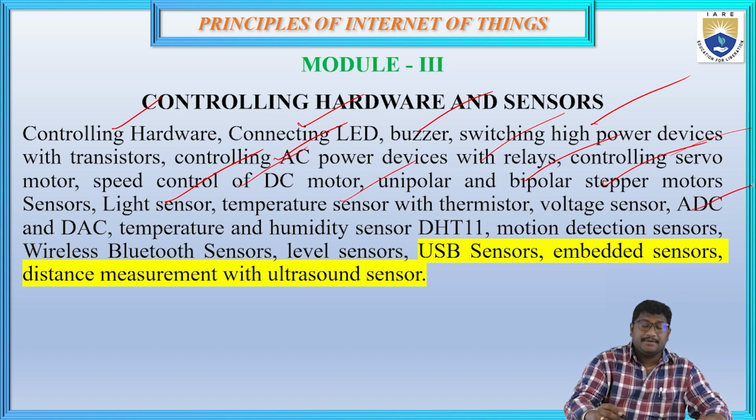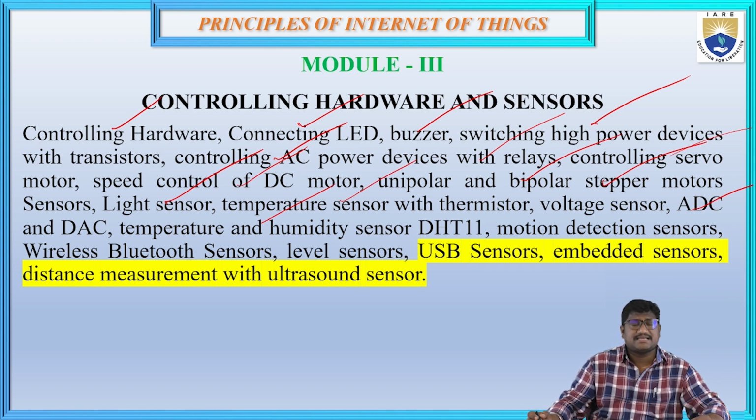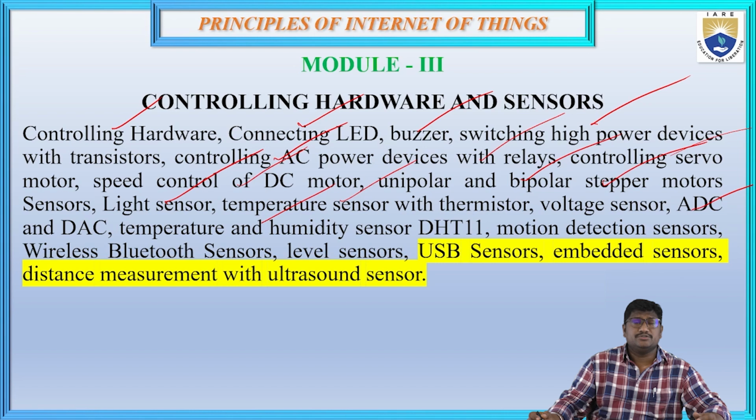Coming to the temperature and humidity sensor, which I discussed in my previous class, along with voltage sensor and ADC and DAC. This has the DHT11, and there are some other extensions for this kind of sensor, which are DHT22 and others. The DHT11 sensor measures temperature and humidity within a specific range.